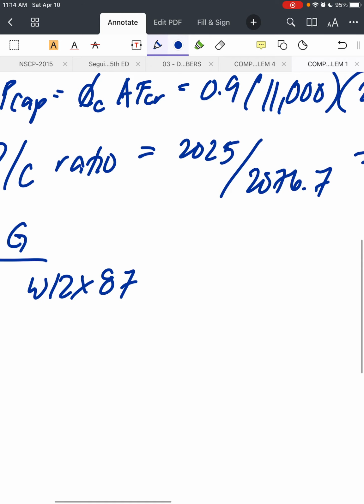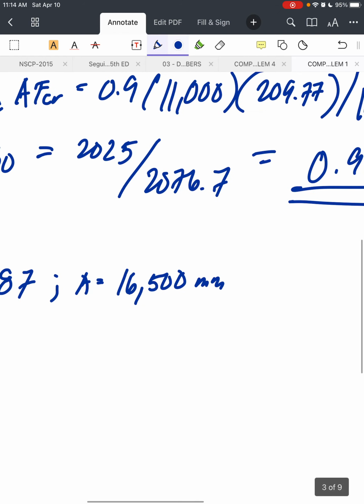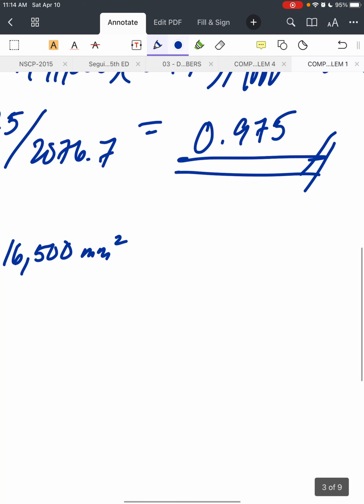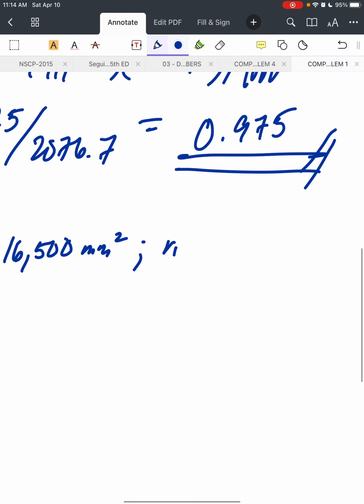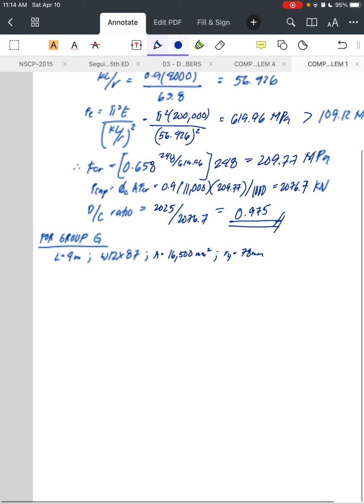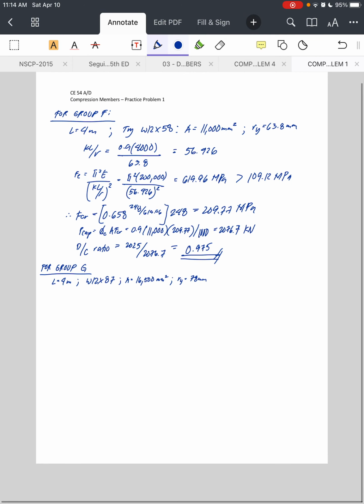So for W12x87, you have your area equal to 16,500 square millimeter, and your ry is equal to 78 millimeter.